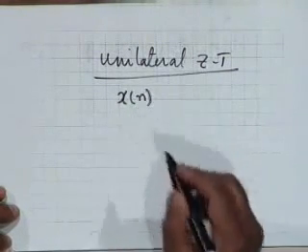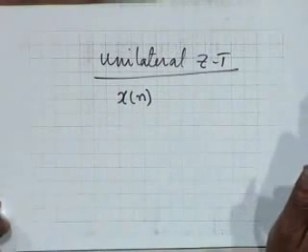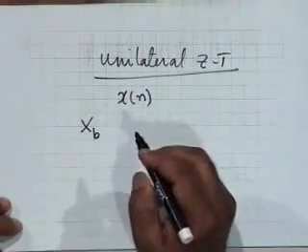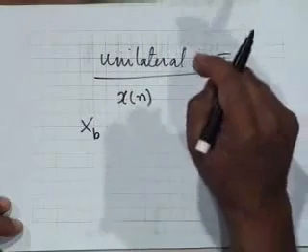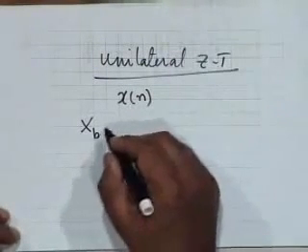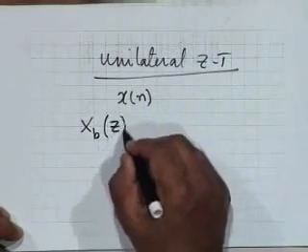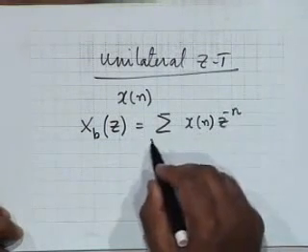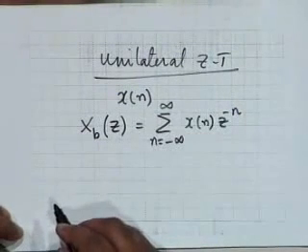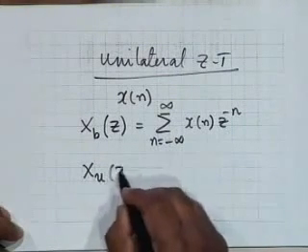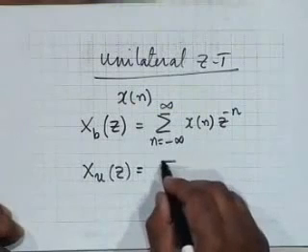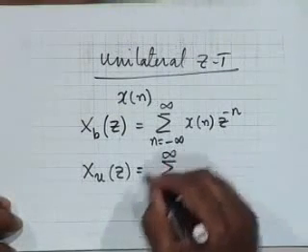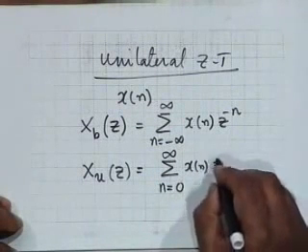If x of n is an arbitrary sequence, may extend from minus infinity to plus infinity, the bilateral Z transform, now we shall distinguish between bilateral and unilateral by the subscript small b and small u, X_b of z is defined as summation x of n z to the minus n, n equals minus infinity to plus infinity as usual, and the unilateral Z transform capital X_u of z is defined as the lower limit is 0, it starts from 0, n equal to 0 to infinity x of n z to the minus n.